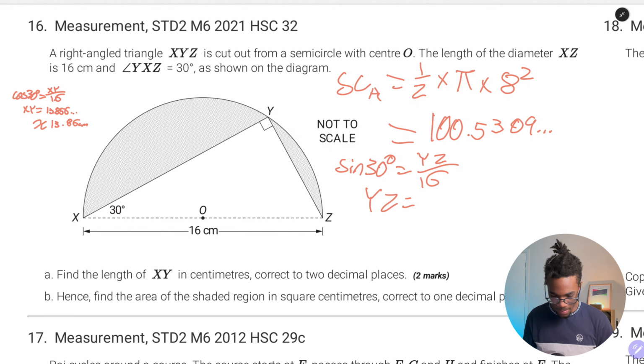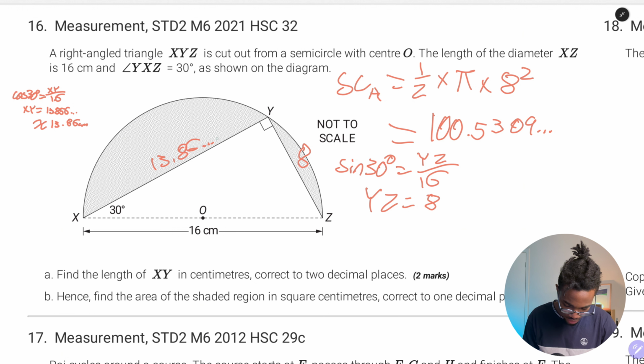YZ is equal to 16 times sine 30 degrees. That equals 8. Easy, so we just write that in, 8. And then 13.86 here.